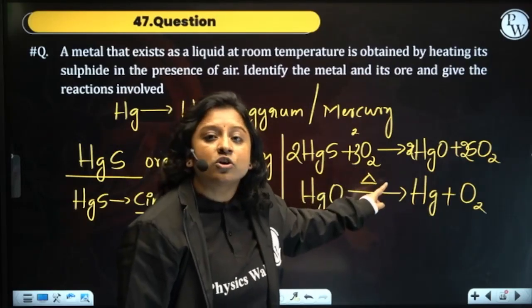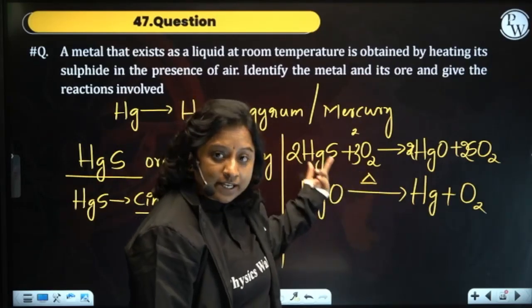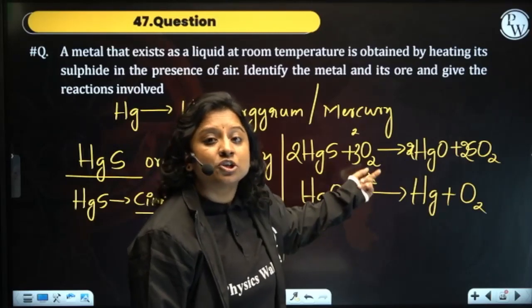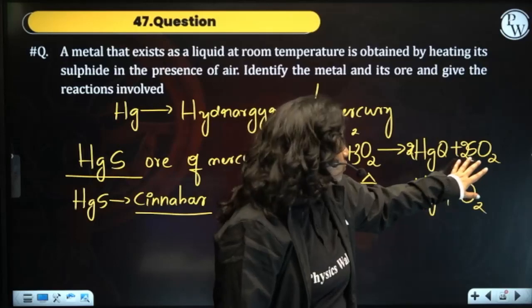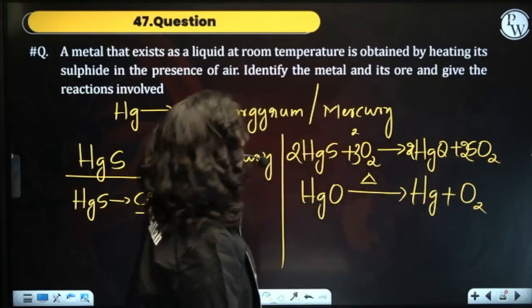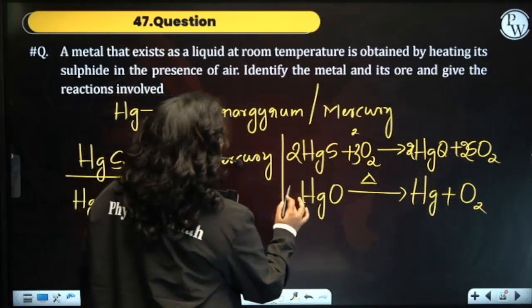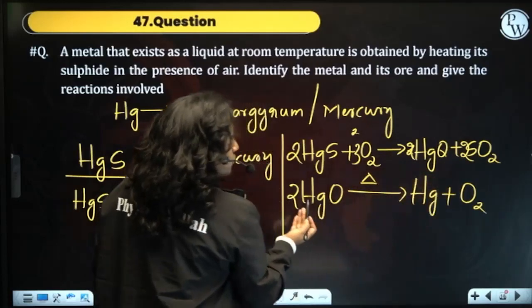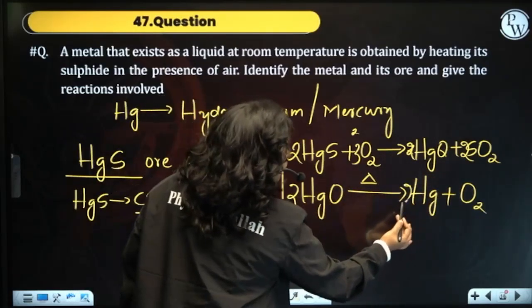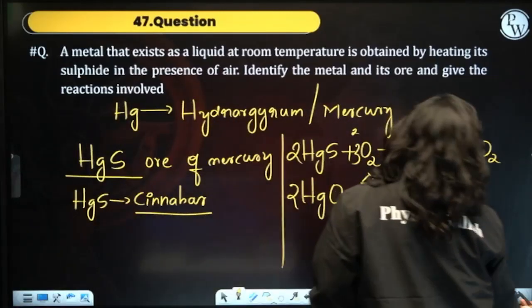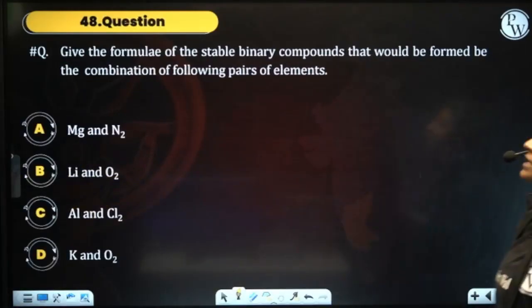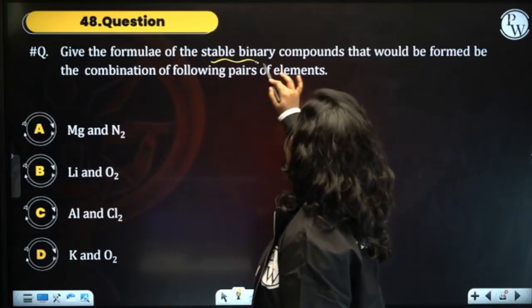So 2 HgS plus 3 O2 giving 2 HgO plus 2 SO2. Got it? How do we balance the second equation? Write 2 here because oxygen on the other side is 2. 2 HgO it becomes. Here also you add 2: 2 Hg plus O2. Easy.